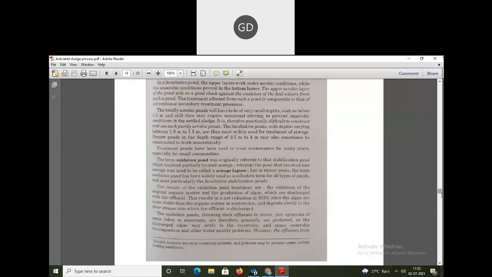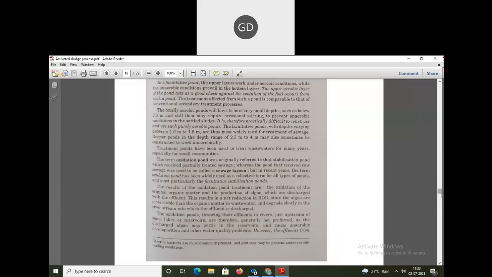There is a net reduction of BOD, because the algae are more stable than the organic matter in the wastewater. This organic matter will again decompose slowly in the river stream.